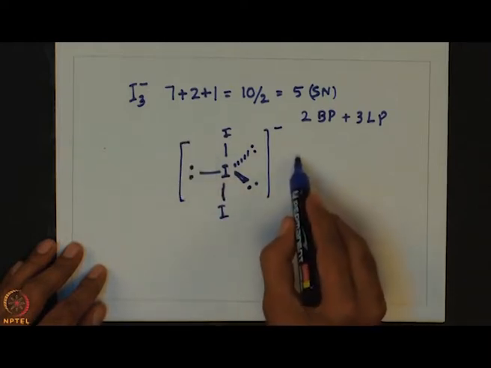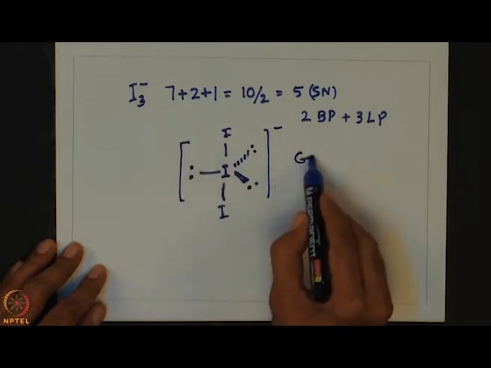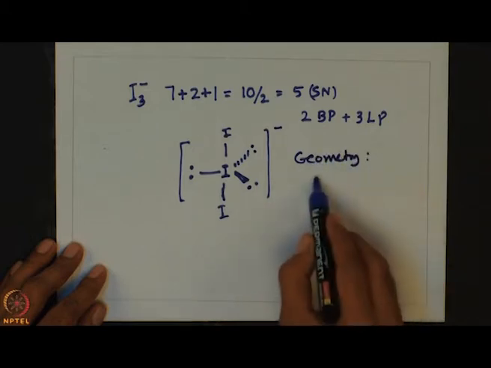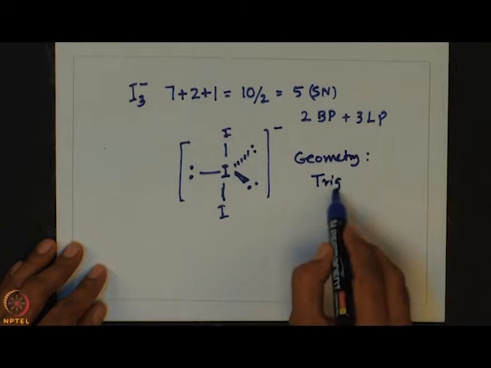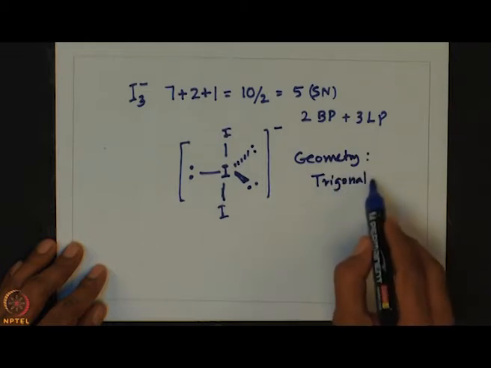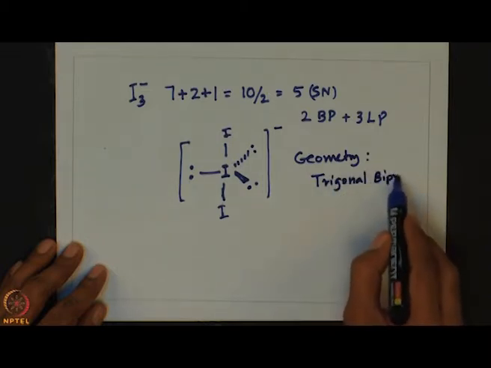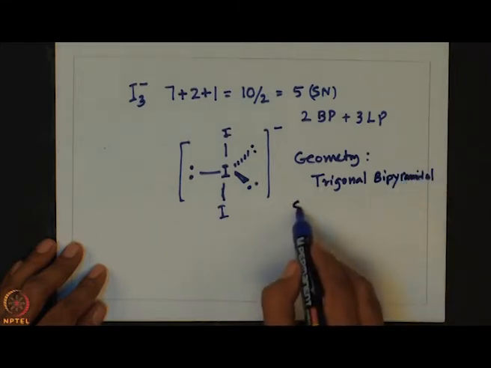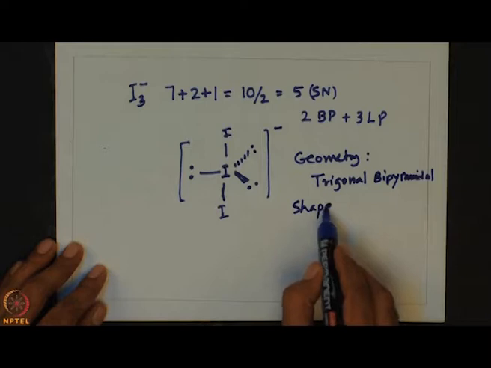So, here again the geometry is trigonal bipyramidal, and the shape is linear.